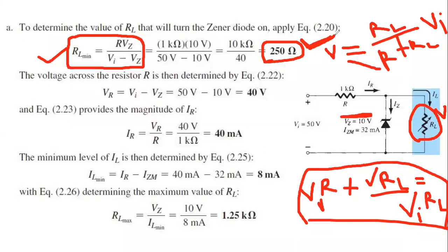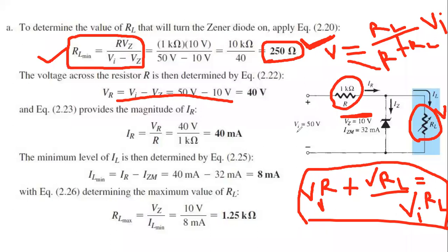Okay. So now, my students, let's find out the voltage across R. The voltage across R will be 50 minus 10, because 10 is across this Zener diode.